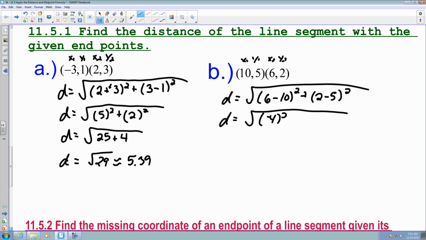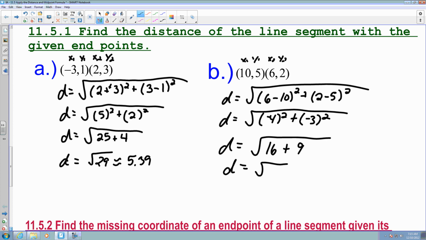Negative 4 squared plus negative 3 squared. Okay, so negative 4 squared ends up equaling 16. Negative 3 squared equals 9. 16 plus 9 is the square root of 25. And d ends up equaling 5. So the distance is 5.